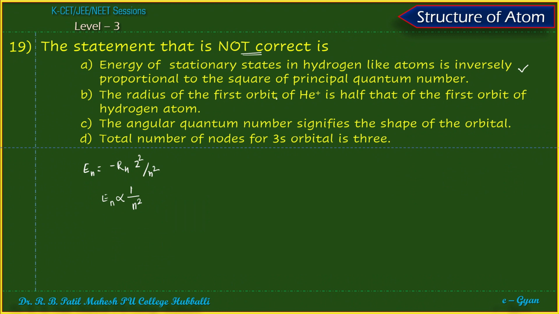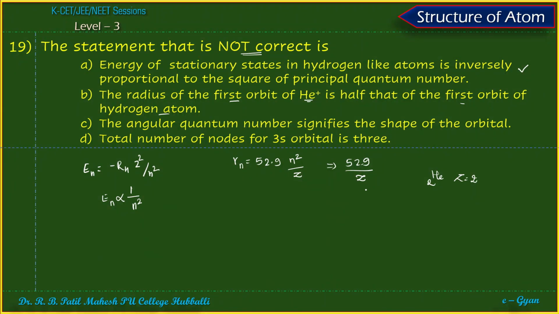The radius of the first orbit of helium plus is half of the first orbit of hydrogen atom. So we have a formula: Rn is equal to 52.9 n square divided by Z, where n for helium is 1, and for hydrogen it is also 1. Therefore, it is 52.9, keep it as it is, divided by Z. For helium Z is equal to 2.